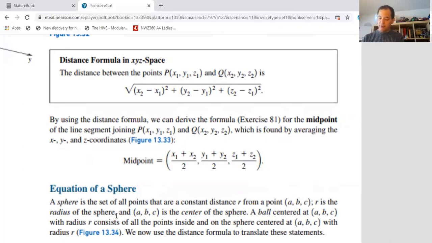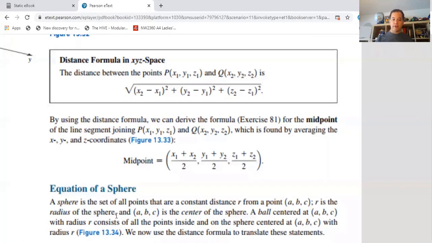So that's what we want to do. What is the equation of a sphere centered at (a, b, c) with radius r? Okay, and we're going to deduce it using what we just learned.